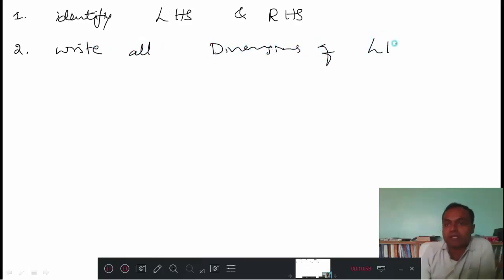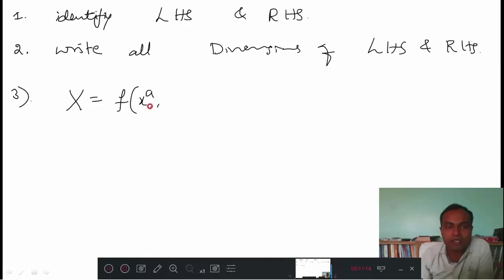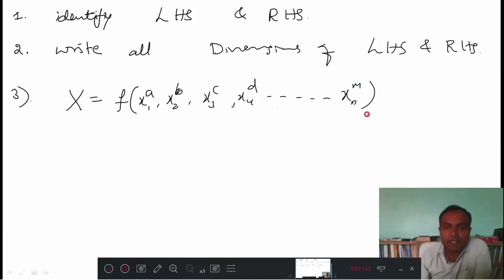The third point is to express LHS and RHS in this format, that is x equal to f of x1 power a, x2 power b, x3 power c, x4 power d, and so on up to xn power m, whatever it is. Like that you need to express them.